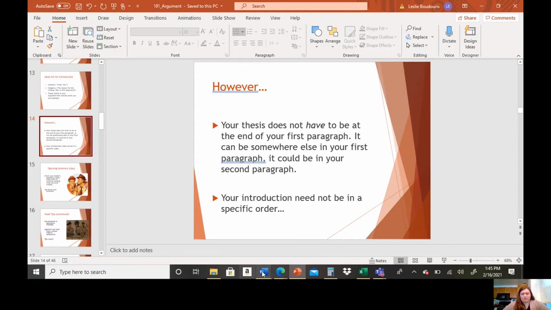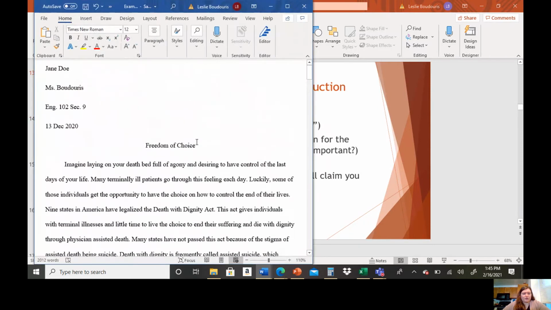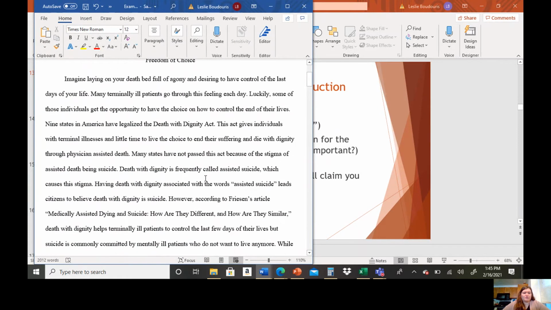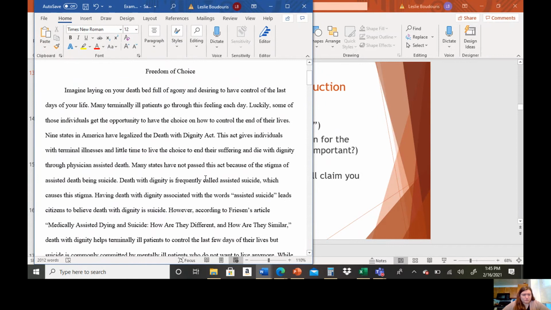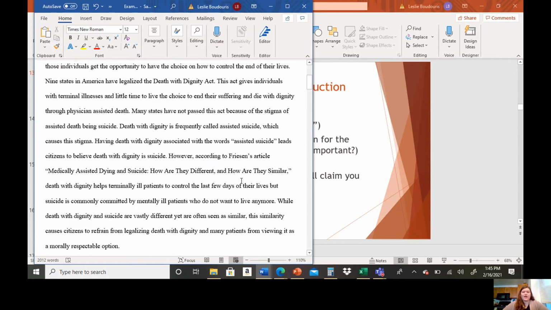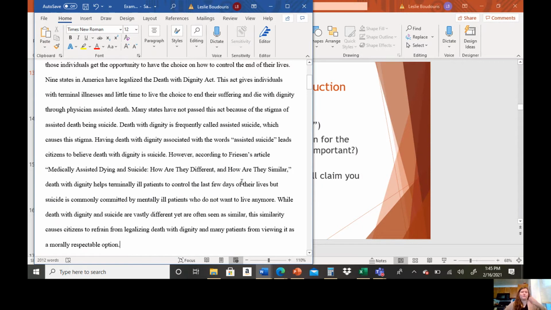The example essay that you're reading is called Freedom of Choice and is about death with dignity, which is kind of similar but different from assisted suicide. What I love about this essay is that it's a great example of how to take a topic that would typically be binary.